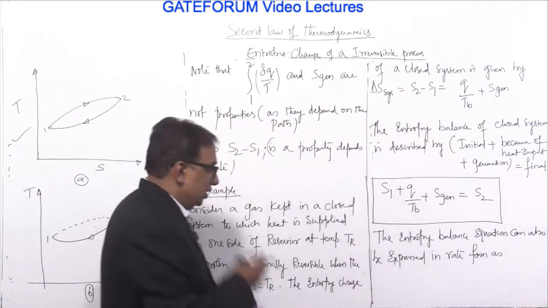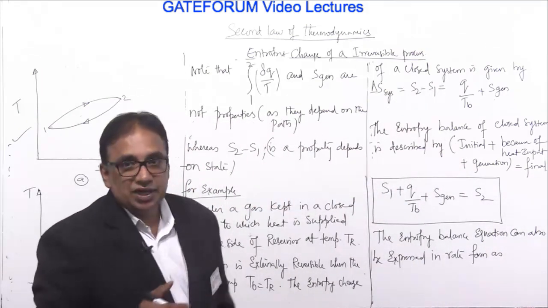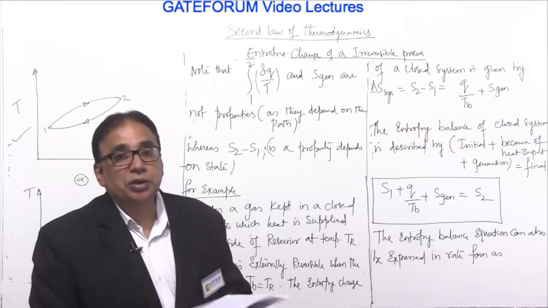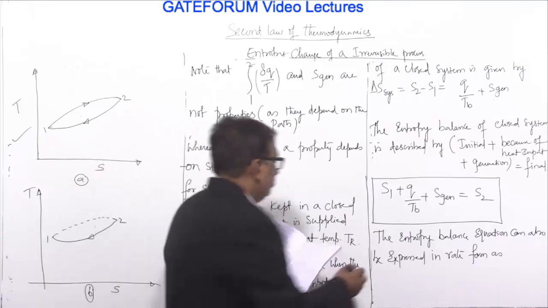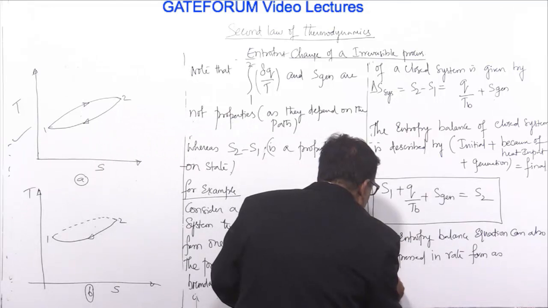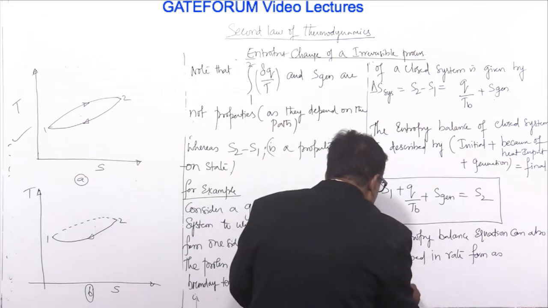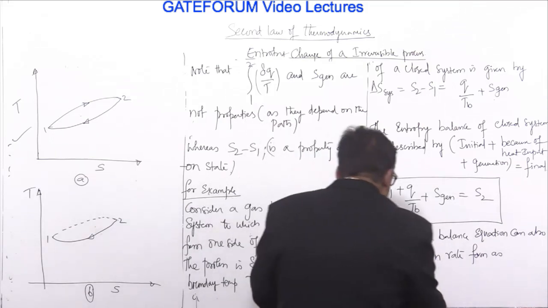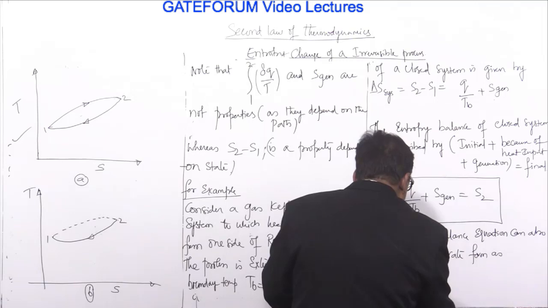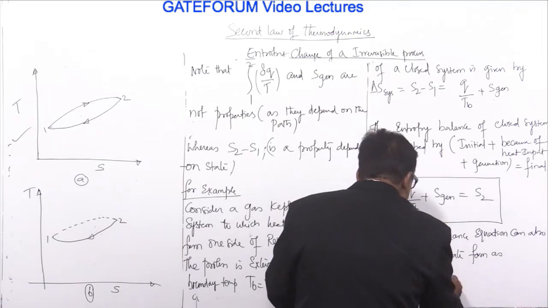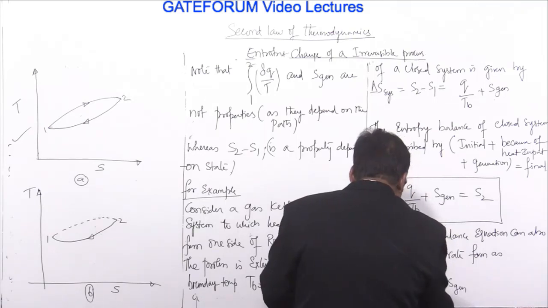Rate form means what is the rate? Per second, or with time. So dS by dt, change of entropy of the system with time, is equal to Q by TB plus S generation.